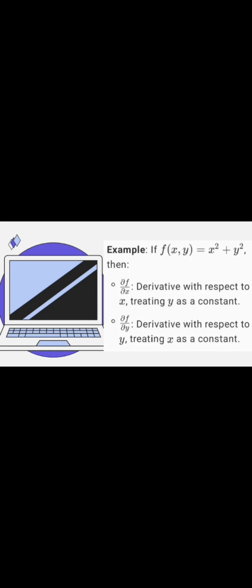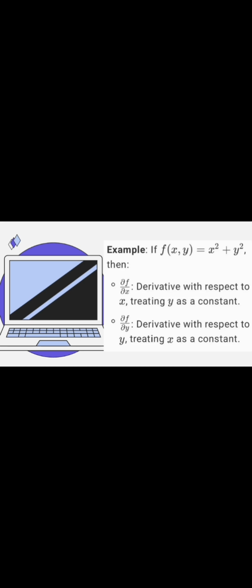If function f of x and y is equal to x squared plus y squared, then first, this is our symbol. It's like a number 6 that's rotated oppositely. So this is the partial derivative of our function f with respect to x.